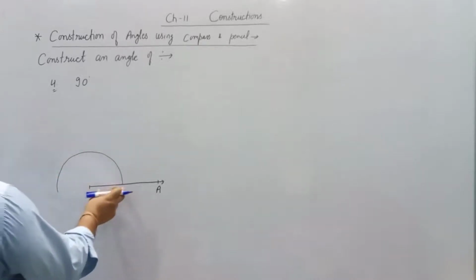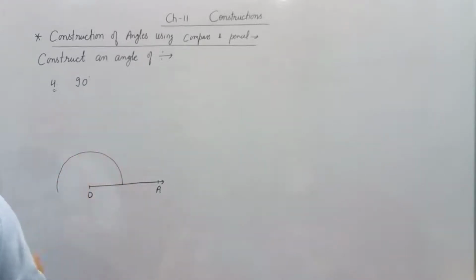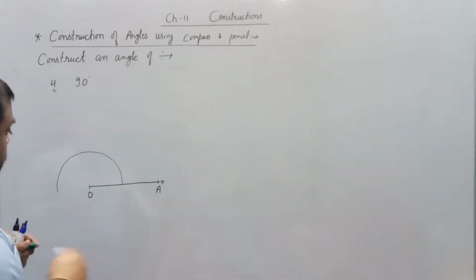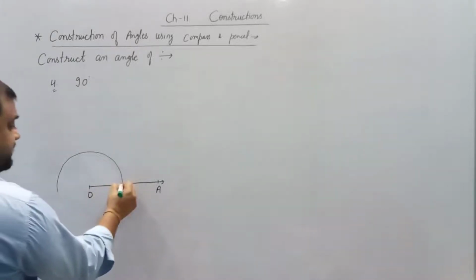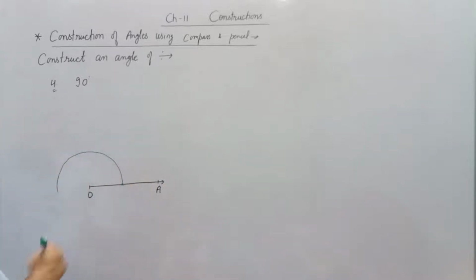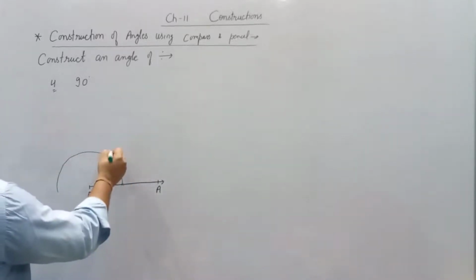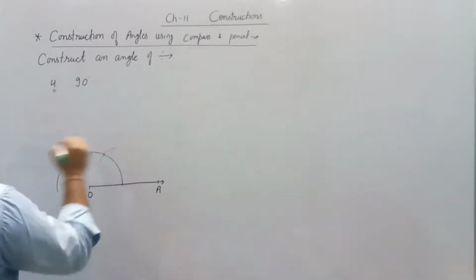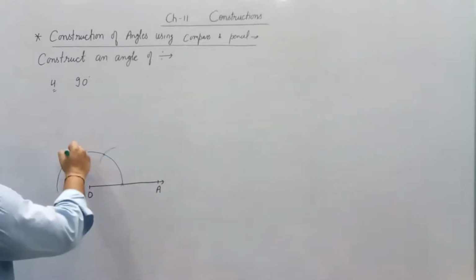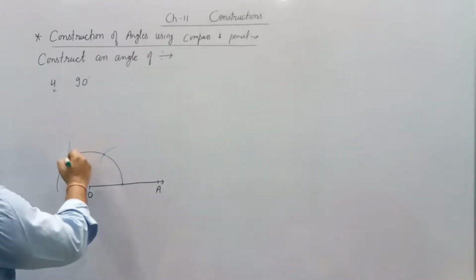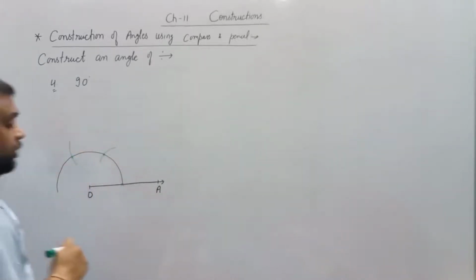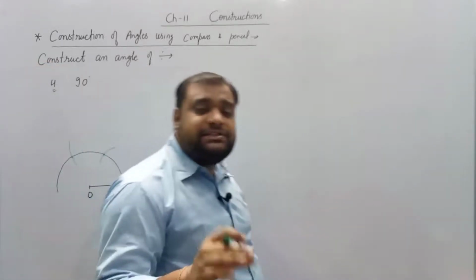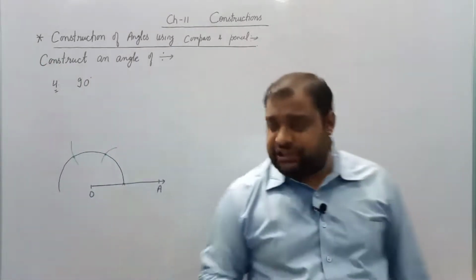Now taking this point as center, with the same radius draw an arc. This is 60. Taking 60 as center, draw another arc, 120. So 90 is the bisector of 120 and 60.